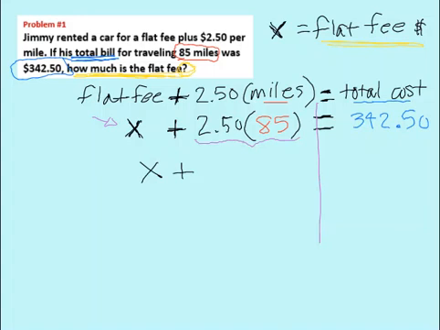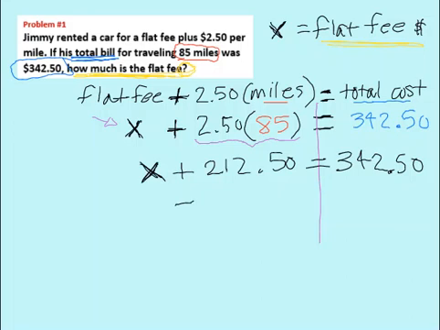So I'm going to get out my handy calculator. I'm not going to write that down and show the computation because I'm just going to do it on the calculator, and I get $212.50. And so I write that down, and then I write $342.50, and now I go to get the x by itself, and I realize there's a constant with it, so I'm going to undo that constant by doing the opposite number, so negative $212.50 on each side.